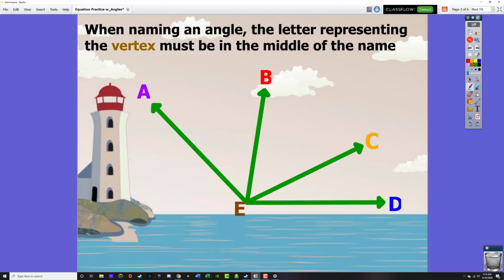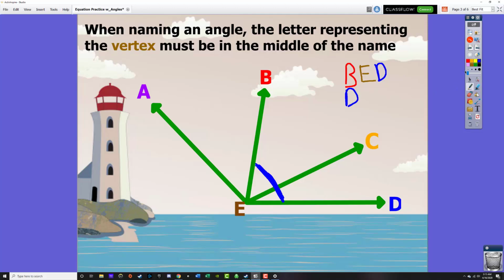What about these two right here? Or what about this angle right here? What would we call this angle? So again, two choices. We can call it B, E, D. We can call this bed. So B to E to D. Or, as always, we can do it the other way around.